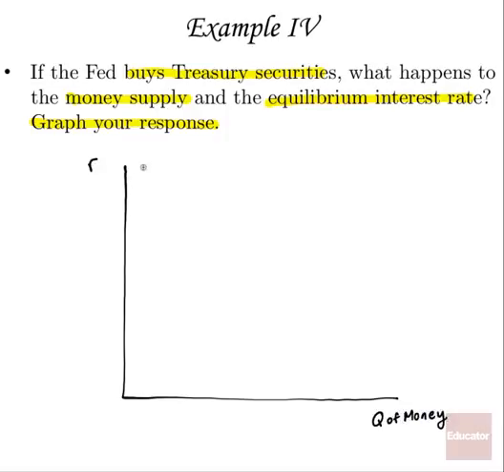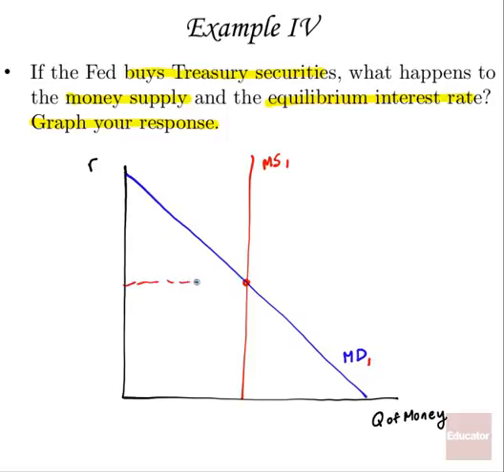You have the money demand, MD, and the money supply. Let's call them MD1 and MS1. This is the equilibrium interest rate, R1, and this is the quantity of money, Q1, right here.